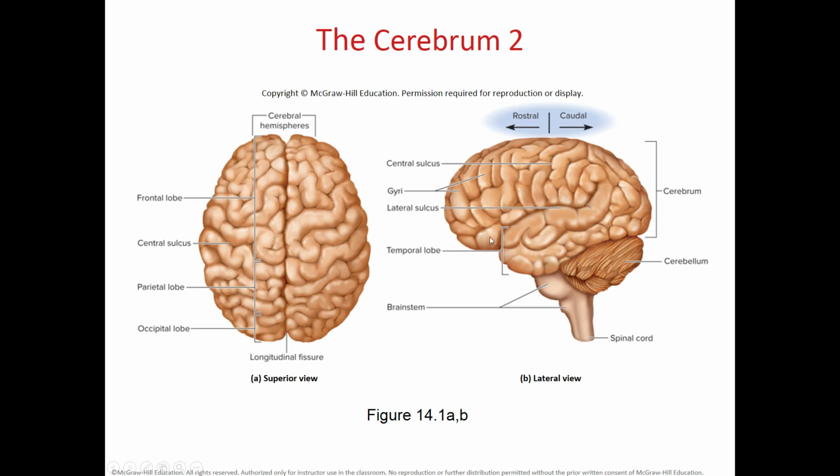Here we have the frontal lobe, here we have the parietal lobe, and in here we have the temporal lobe and the occipital lobe. Now, separating the temporal lobe from the parietal lobe and the temporal lobe from the frontal lobe, we have the lateral sulcus, and then here we have the central sulcus that separates the frontal lobe from the parietal lobe.